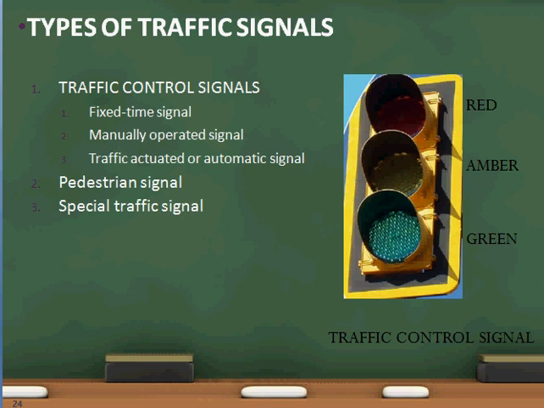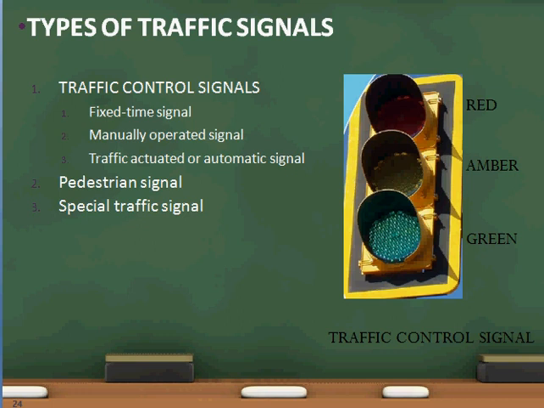After one cycle, the same signal will repeat, and the time will be the same. If the green indication for a particular direction is for 50 seconds, it will always be 50 seconds. The time gap will be the same, and it will be repeated after each cycle.